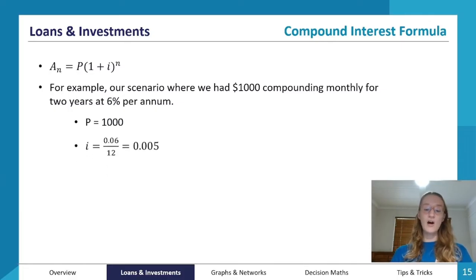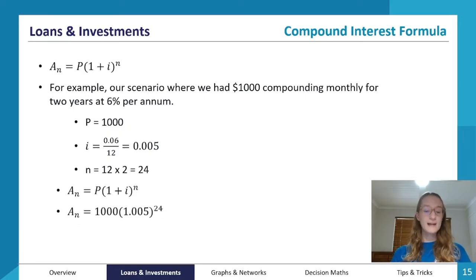I was defined as our decimal rate of interest per annum, which was 6%, so we get 0.06 because we take 6 and divide it by 100, and then we divide it by 12 because that's our number of compounds, so we can see that our I is 0.005, which is what we found. R was 1.005 in our previous question. And then, like I said, N is going to be 24 because compounding monthly over 2 years.